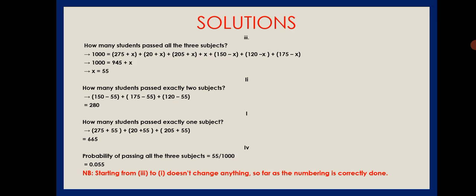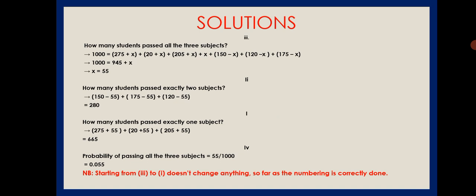Let's go to our second question, which says, how many students pass at least 2 subjects? At least 2 subjects. Remember, we were being given some figures for students who pass biology and chemistry, biology and physics, chemistry and physics.